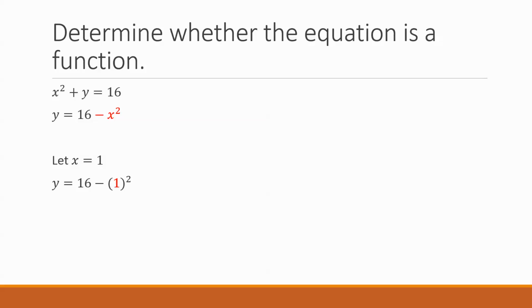We know 1 squared is 1, so 16 minus 1 is 15. That's only giving us one solution. So when x is equal to 1, we only get the value of 15. For every x value, we're getting one y result. Therefore, this equation is a function.